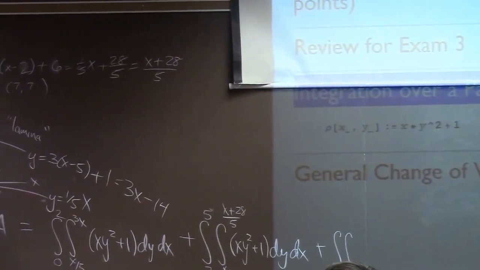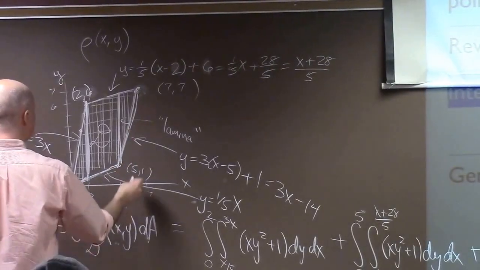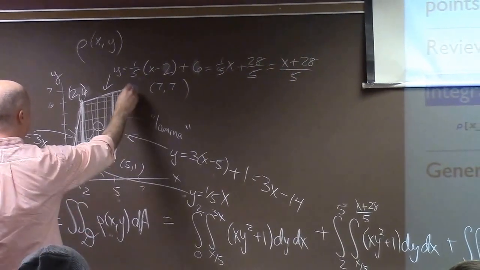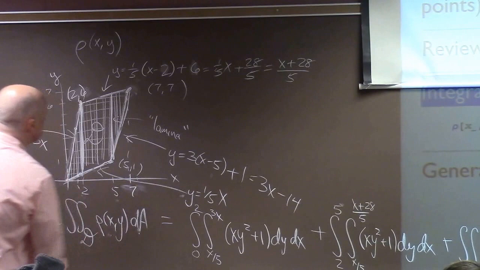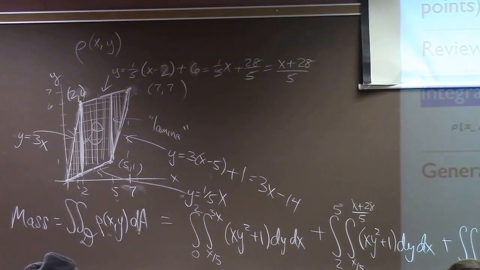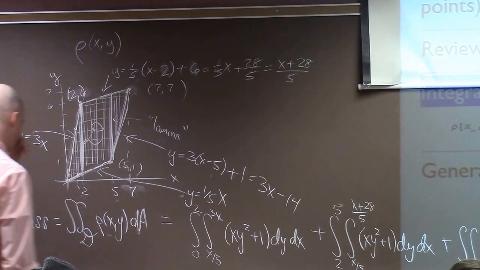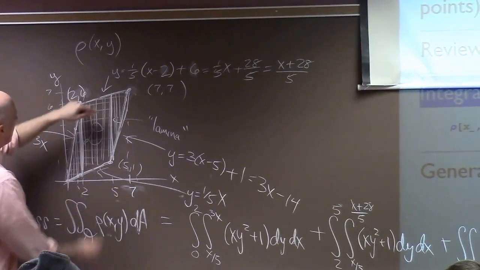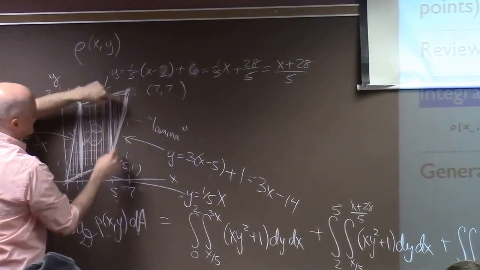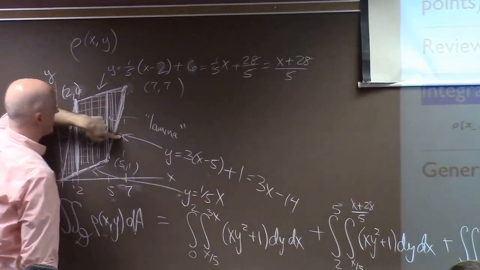Last integral. Over this last piece, x goes from 5 to 7. That's my problem, I put 7 too far away. Making my picture. So yeah, x goes from 5 to 7, y goes between these 2 graphs. This one is 3x minus 14.